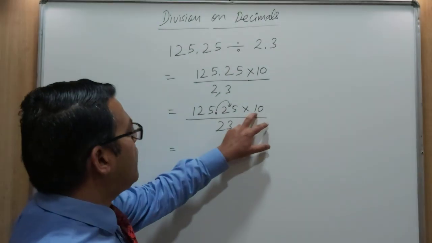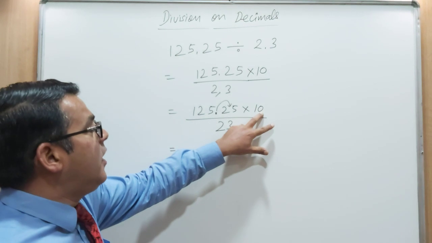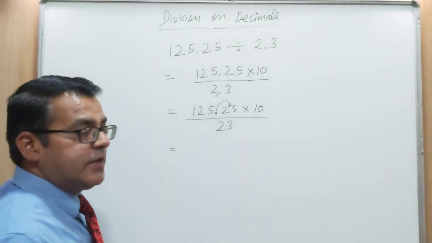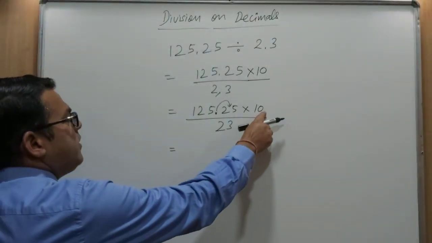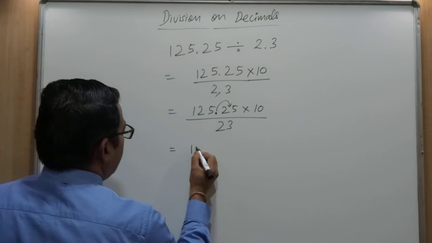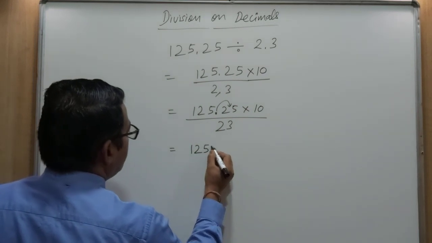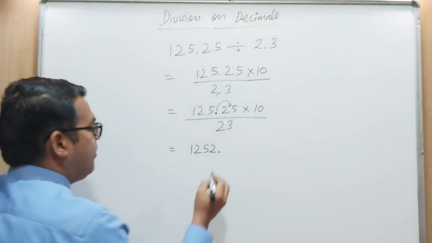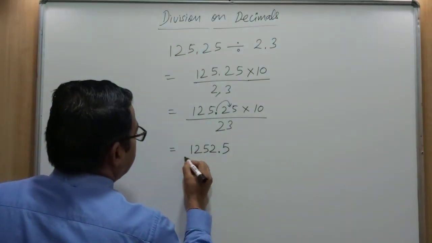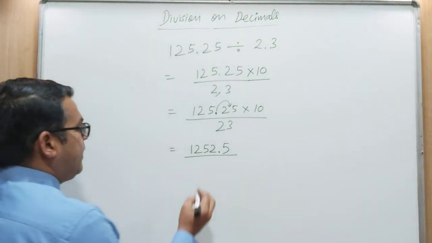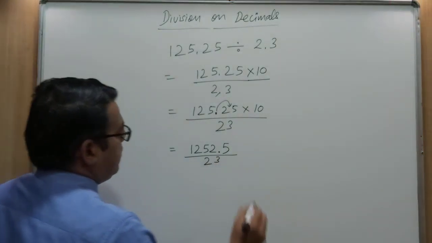Because there is only one zero. If there are two zeros, then we need to shift two places to the right. So here, after shifting, we have 1, 2, 5, 2, and the decimal point comes between 2 and 5. So we can write it like this: 1252.5, then divided by 23.